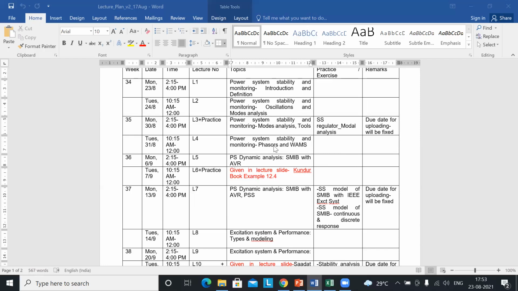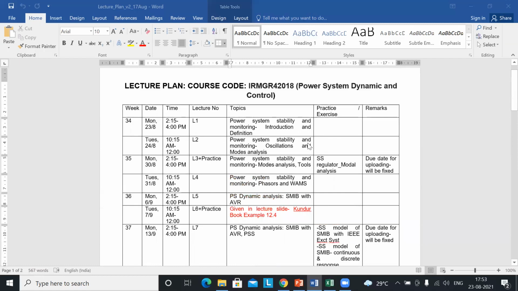This is all related to phasors and the worms. In fact, let me be very clear, this course is a very conventional course about the power system. Here we discuss the conventional power system components, and a conventional way about the power system dynamics, and then how we apply the control.